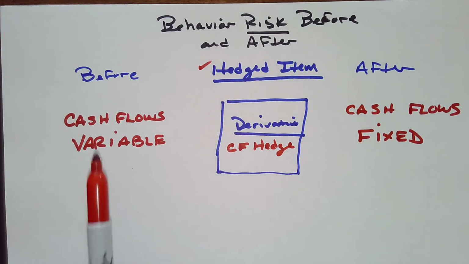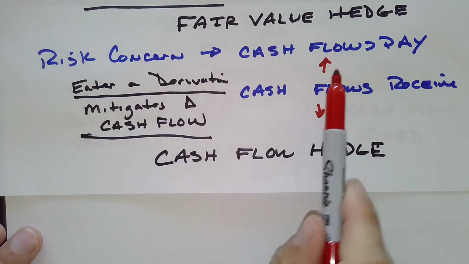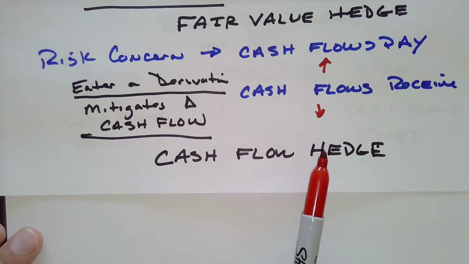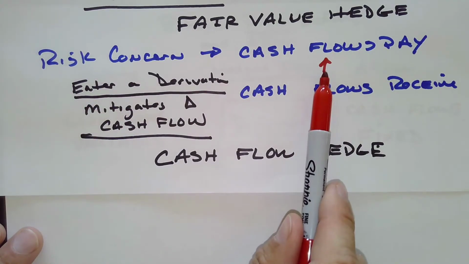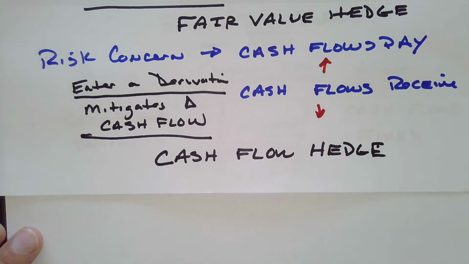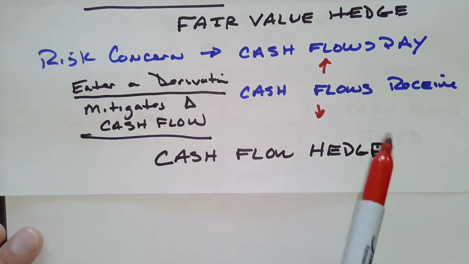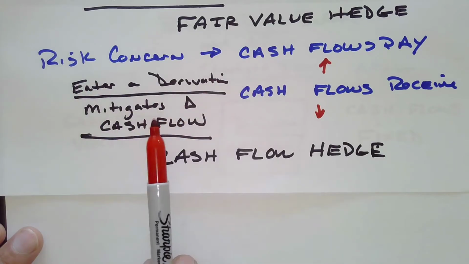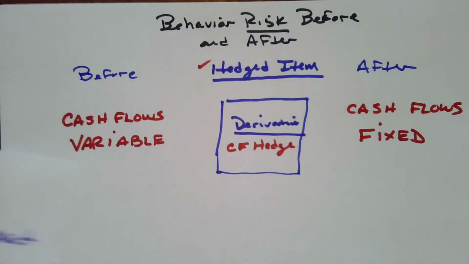Because what is my concern? Let's go back to what my concern was with a cash flow hedge. My concern was that cash was moving up and down, that the cash I have to pay would increase, or the cash I would receive would decrease. This becomes a cash flow hedge when I can put in a derivative and mitigate the changes in cash flow. And that's what you see here.